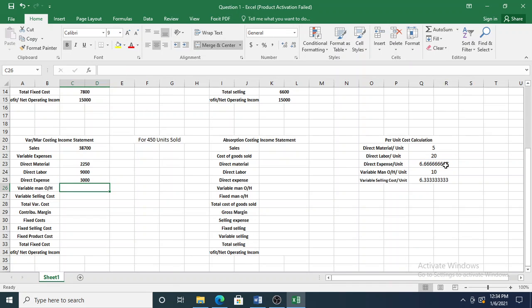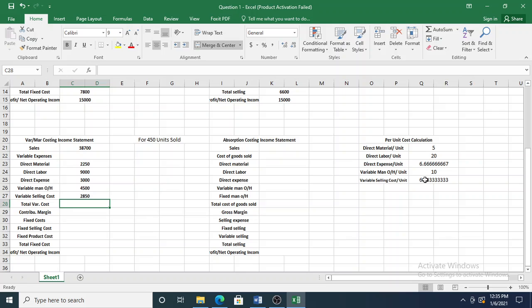Variable manufacturing overhead is 10. 10 multiplied by 450, we get 4,500. Variable selling cost per unit is this, multiplied by 450, we get this.